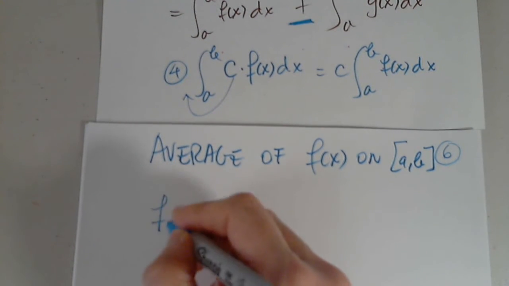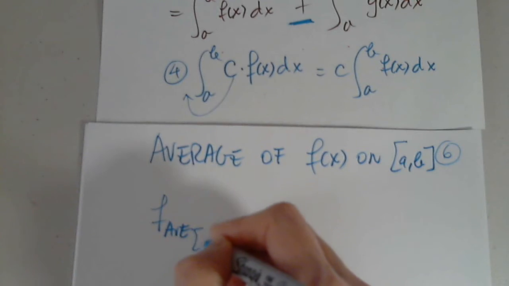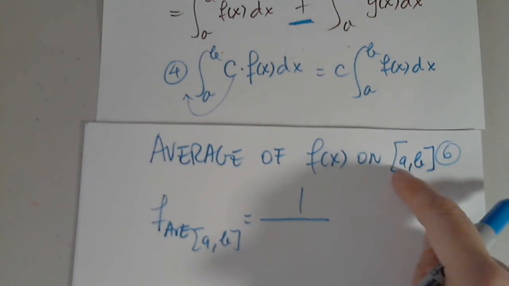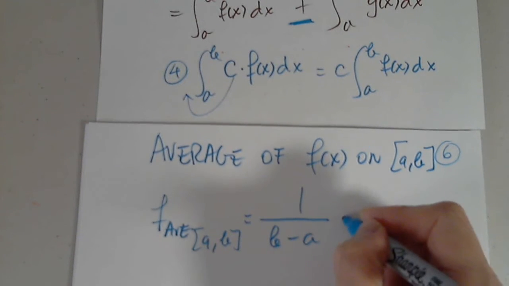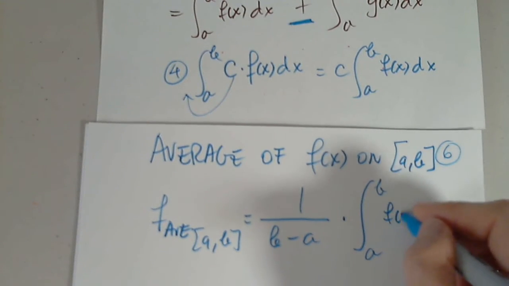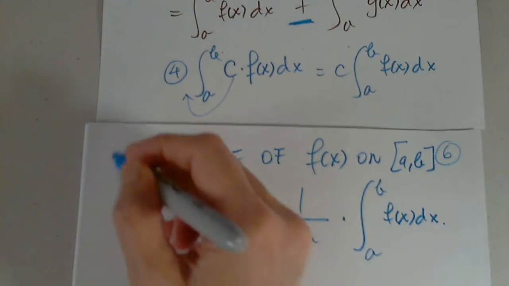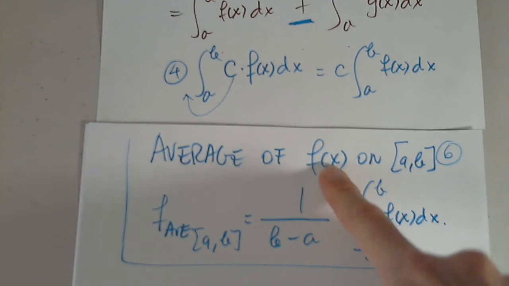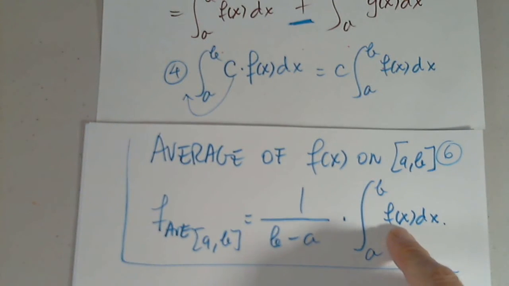So f average on the interval a comma b is 1 over b minus a multiplied by the integral from a to b of f of x dx. This is the way we calculate the average of any function. But we have to have the function. If we don't have the function, we cannot determine its average.